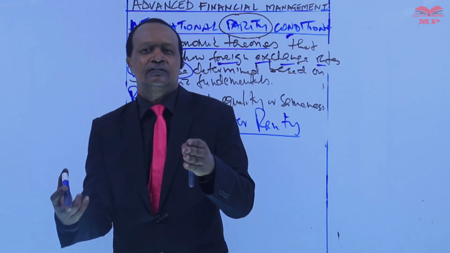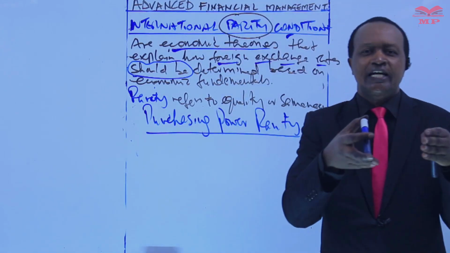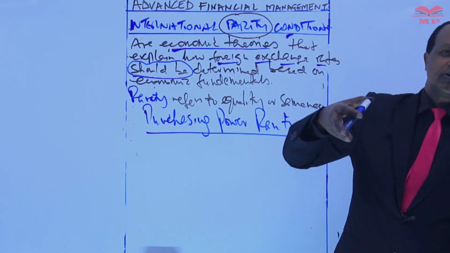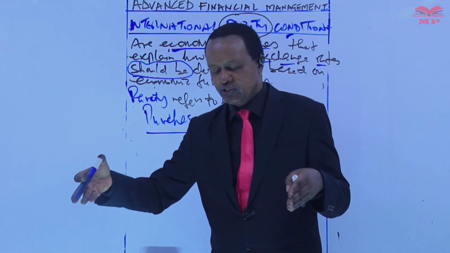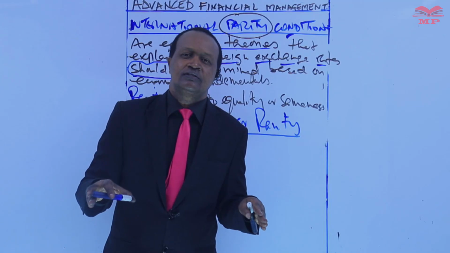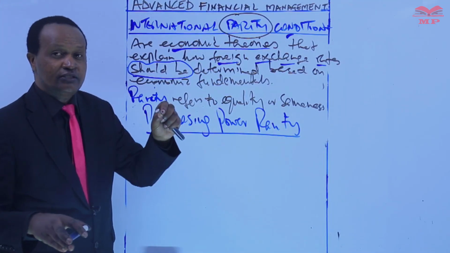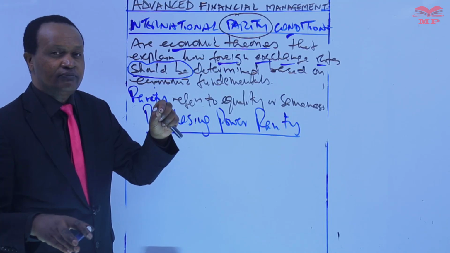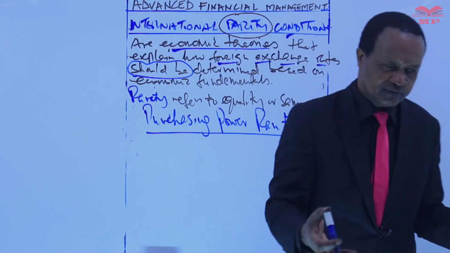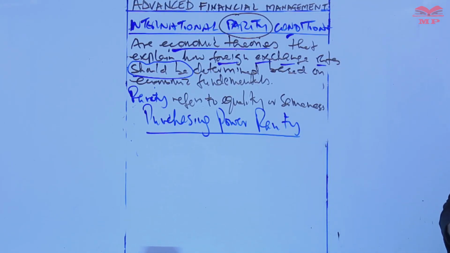suggests that the price of a good in one country should be the same as the price of the same good in another, when converted to a common currency using the exchange rate. I think that is straightforward, is it not?